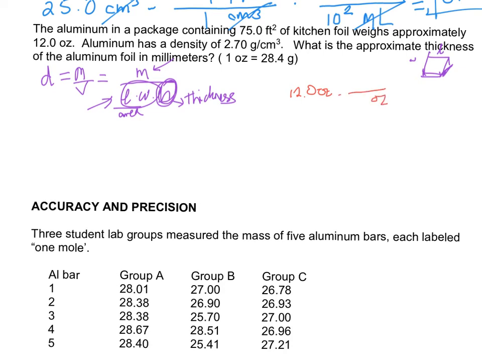Put ounces on the bottom and grams on top. 1 ounce is 28.4 grams according to this. Again, punch that into your calculator. Get 340.8 grams. And I know that's not the correct sig figs, but I always round my sig figs at the very end.